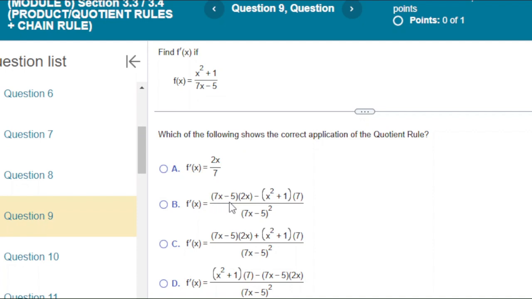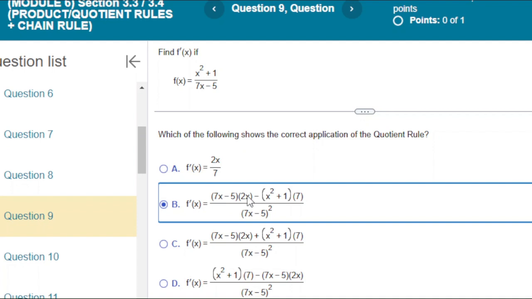Notice that's what we have here, 7x minus 5 times 2x, minus, and it's minus, not plus, minus high D low. So it's low D high minus high D low. So notice our answer right here, high D low. So we have low D high minus high D low all over low squared. Okay, so that's actually our answer B.